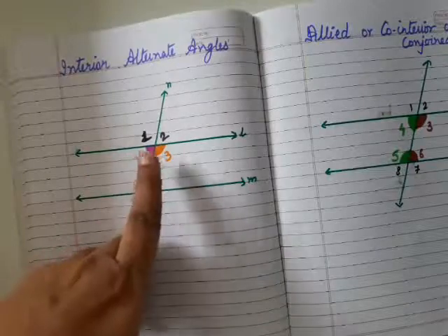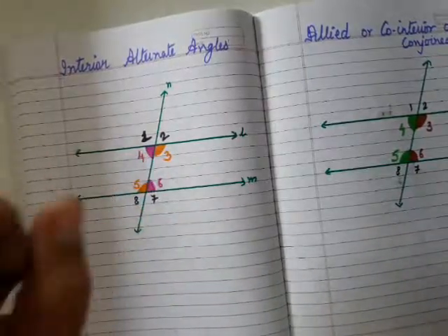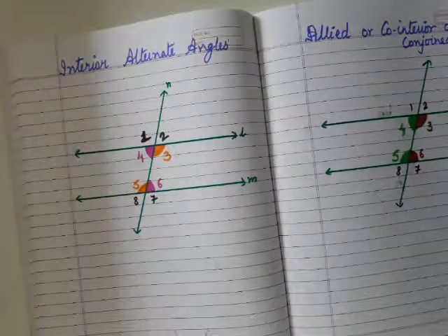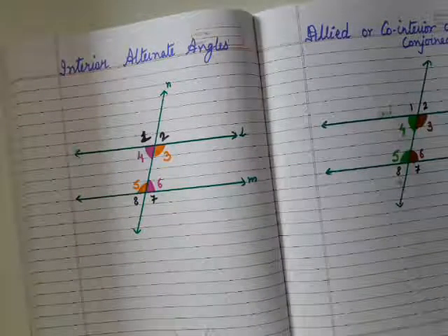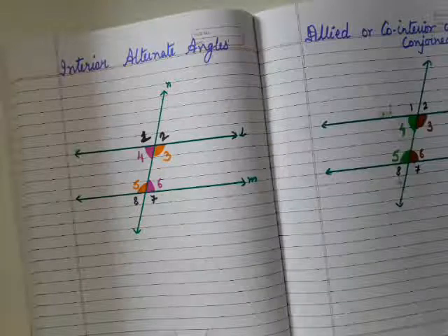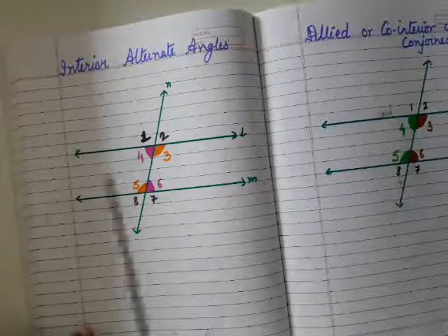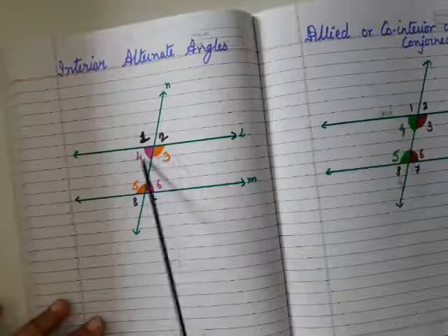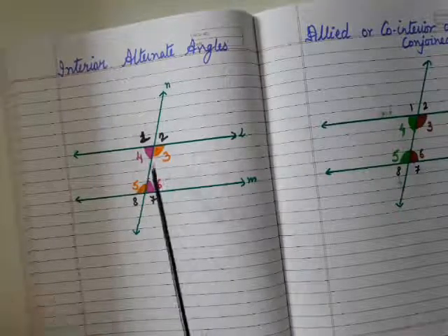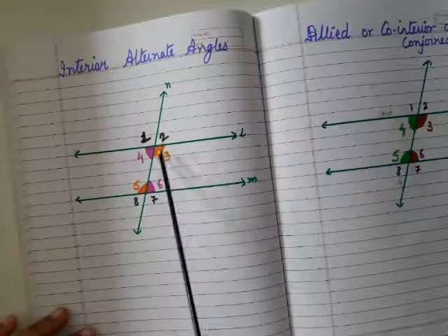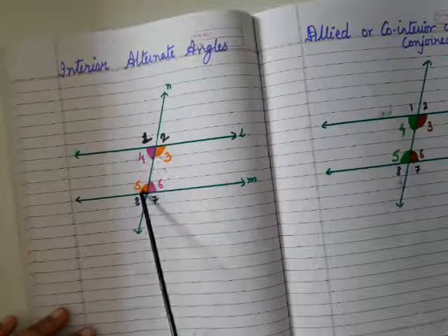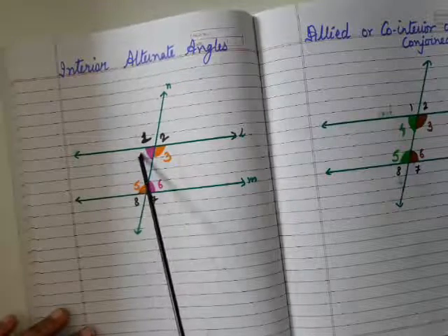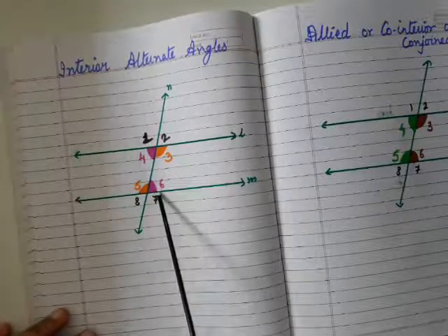As I discussed, interior angles are of two types. First I'll tell you about interior alternate angles. You know that interior means towards the inner side of both the parallel lines. Alternate means leaving one. If I see the numbers 3, 4, 5, the alternate of 3 is 5. In the same way for 4, the alternate angle is 6.